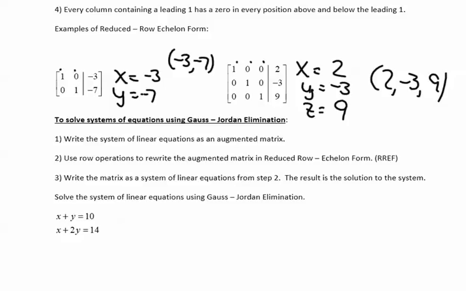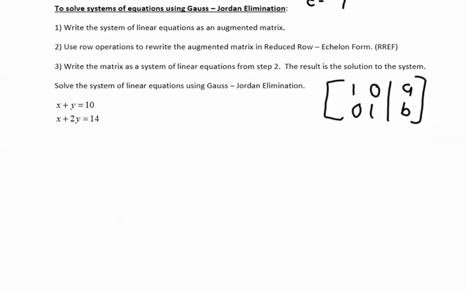So let's solve the system of linear equations using Gauss-Jordan elimination. Now, let me show you what I would expect this to look like. 1s where they belong, 0s here, and the answer column here doesn't matter. All right, so let's write this out as an augmented matrix first.